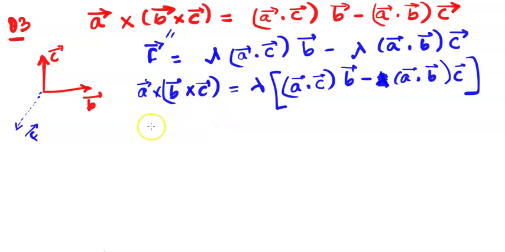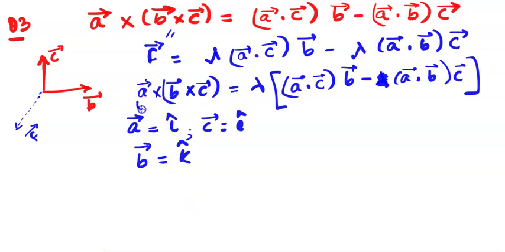So this is true for all values of vectors A, B and C. So I can take any value that I want. So let's say A vector is equal to, what should we choose? Let's choose I cap. Also choose C vector equals I cap and B vector equals K cap. So let's see this.